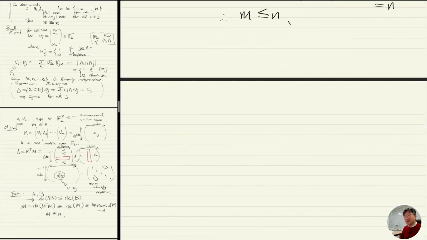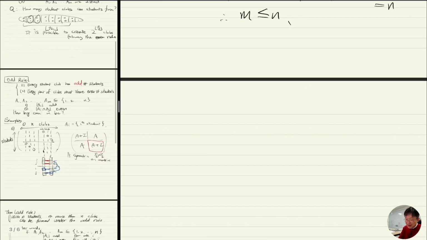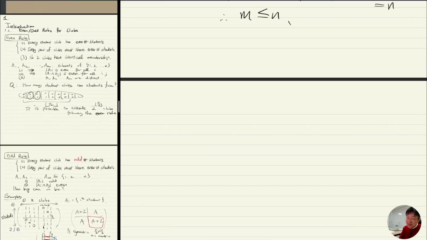All right, so now let's go back to the even rule. We've seen the example where you have exponentially many distinct clubs, 2 to the n over 2. Is this best possible? Is there a way to achieve a little bit more than that?